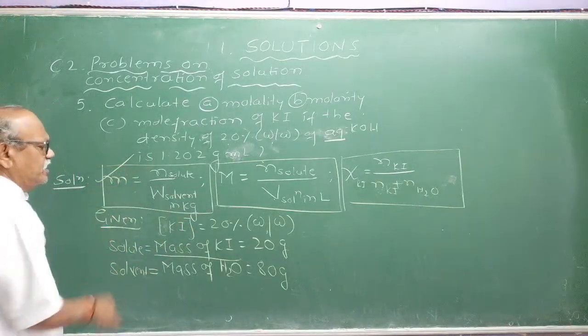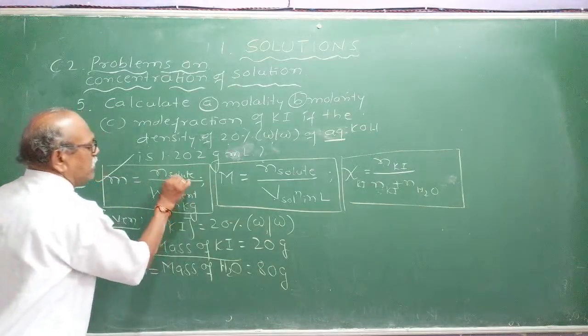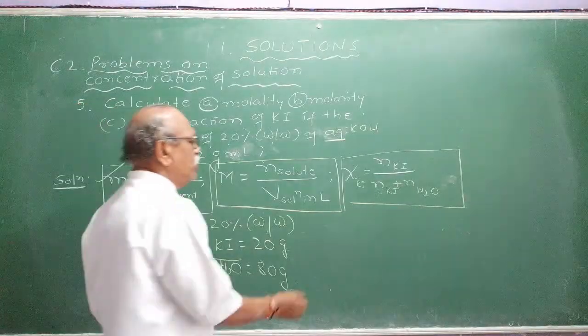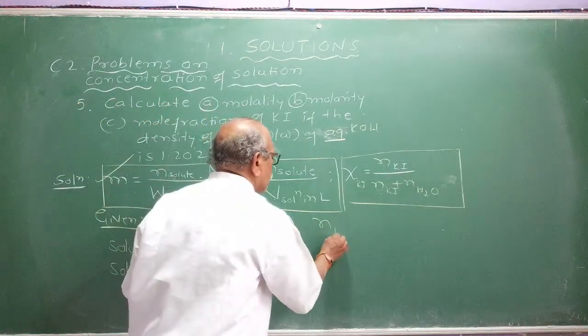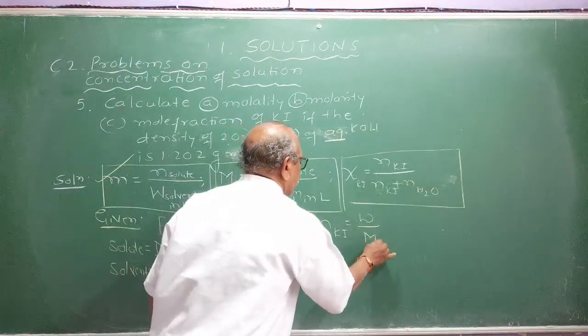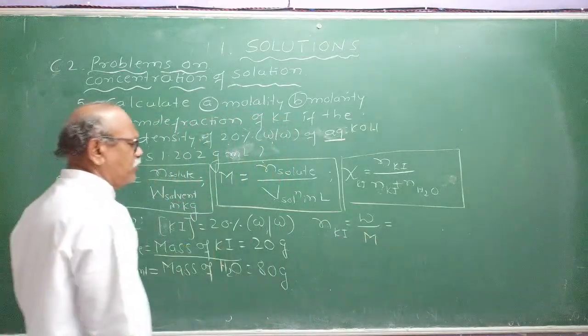And first let us see the molality. To get molality, in the numerator we want number of moles of the solute. What is the solute here? Potassium iodide. What is the formula to get the number of moles of potassium iodide? That is mass upon molecular weight. Out of 100 grams, what is the mass of potassium iodide?